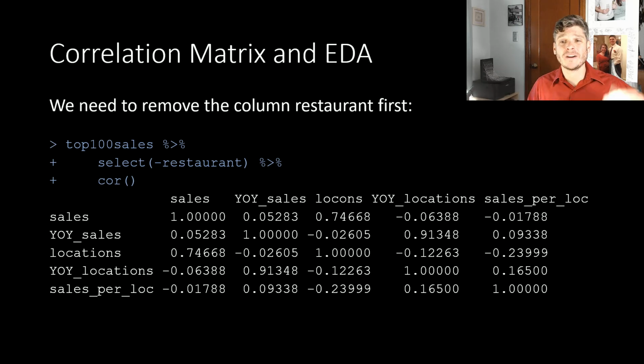And we can see that my variables are along the vertical and along the top. Each entry is a number between -1 and 1, and it's the correlation coefficient between those two variables. If we look at sales, how related is it to the other variables? Sales has a one-to-one correspondence with sales, which should make perfect sense.